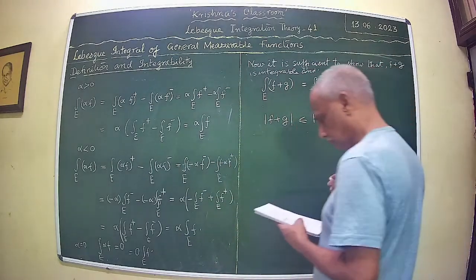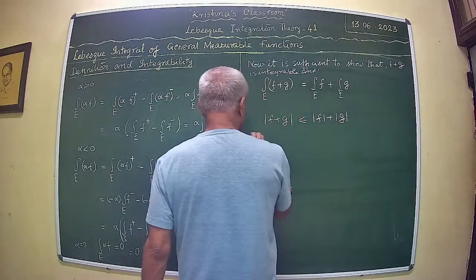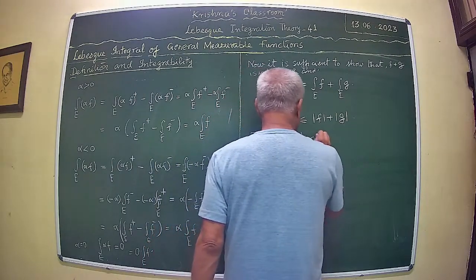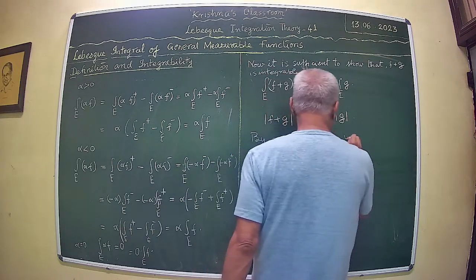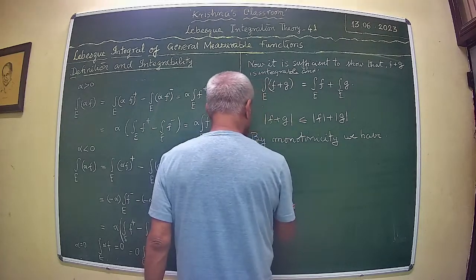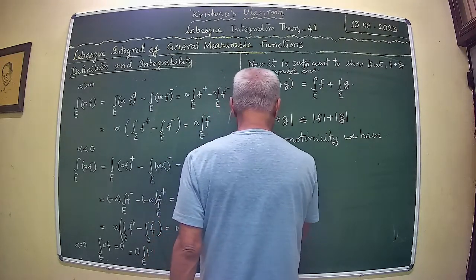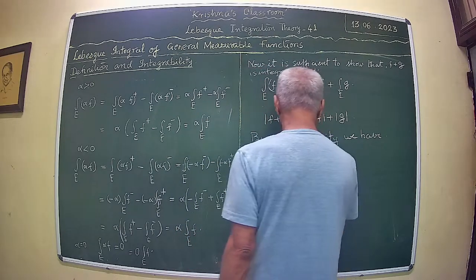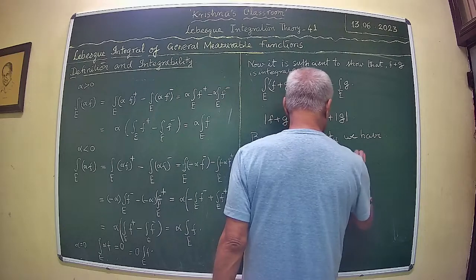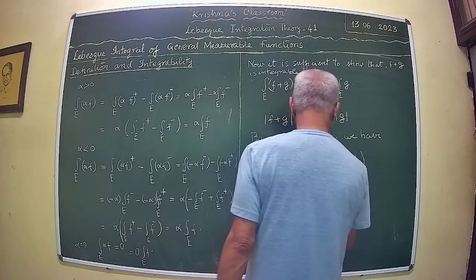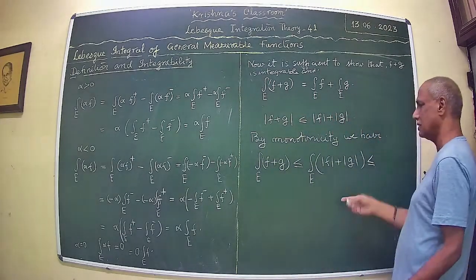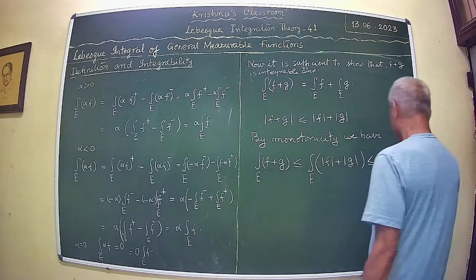Therefore, by monotonicity, we have the integral of mod f plus g is less than or equal to this, and this of course is by the result of the previous theorem.